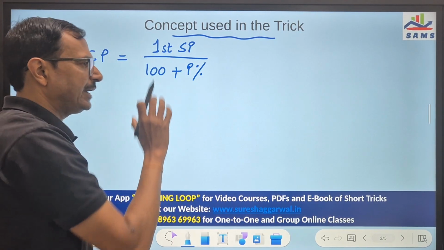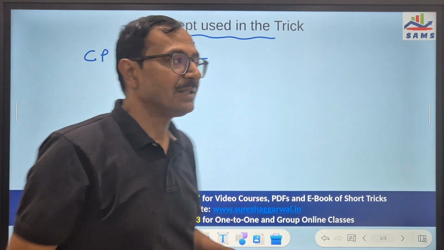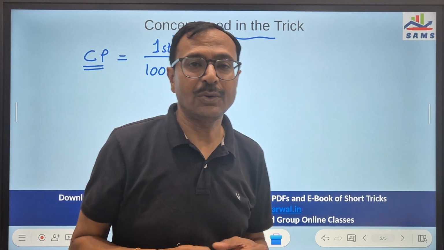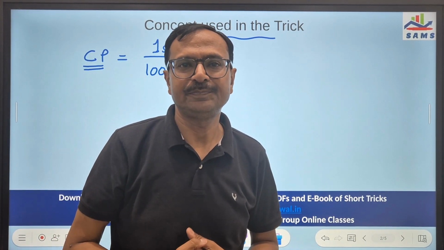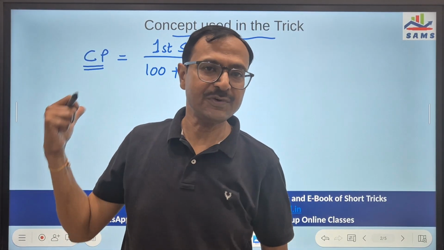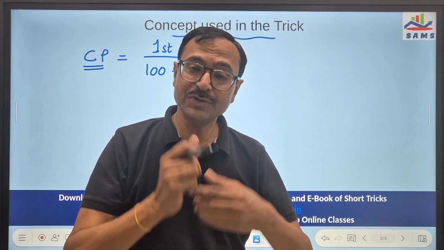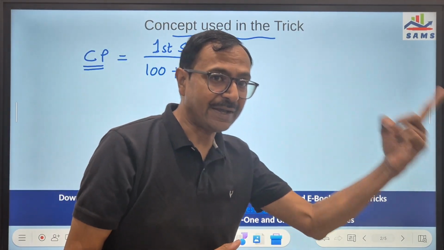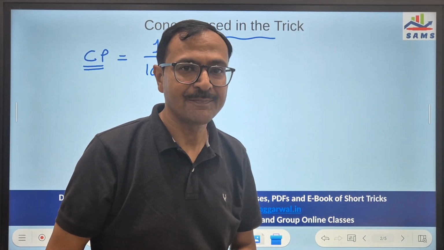So that is to be done, and this will give us the cost price of the item. So before finding the last thing, that is profit percent or loss percent, we have to first find the cost price so that we should know what is it that was incurred finally, profit or loss.